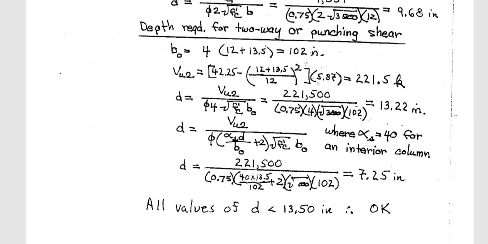Okay, so they used here alpha s is 40, d is 13.5, b naught 102 plus 2, f prime c 3000, b naught 102. Then we calculate our d required. Now something confusing here, d here, d here. Ideally we cannot use 13.5 here. We should insert d here, then solve for d.